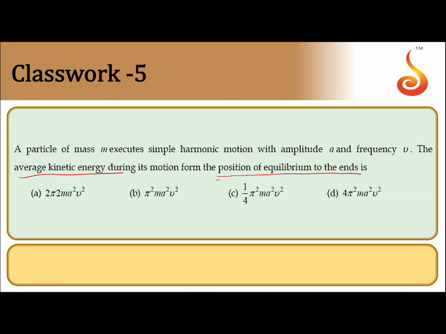So at mean position, kinetic energy is, let me call it as k1, half m omega square into a square, where a is amplitude. At extreme, kinetic energy is 0.